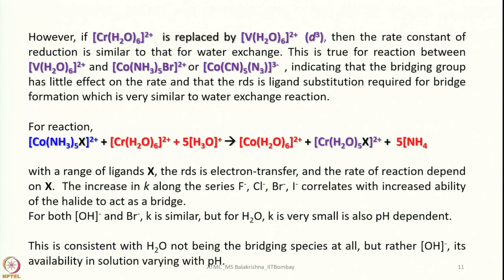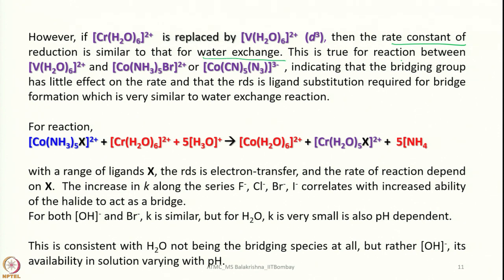However, if hexa-aqua chromium 2 plus is replaced by hexa-aqua vanadium 2 plus, so this is a d3 system, vanadium being 3d3 4s2, then the rate constant of reduction is similar to that of water exchange.